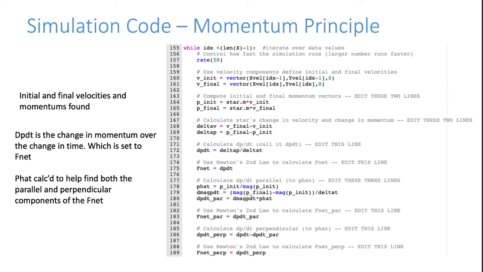Here's the momentum principle in the simulation code. As you can see, I'm finding the initial and final velocities and momentums. dp/dt is the change in momentum over the change in time, and I set that equal to F net, and I calculated p hat to help find both the parallel and perpendicular components of the F net force.